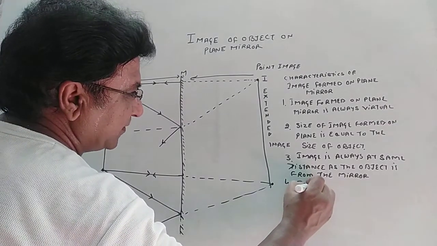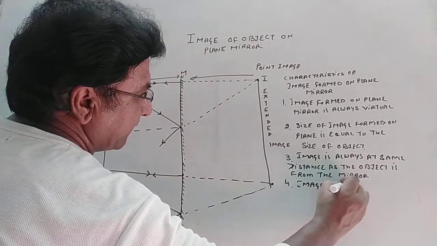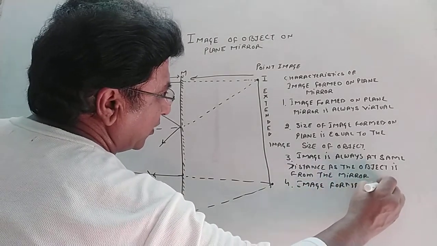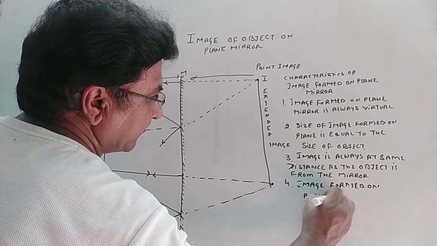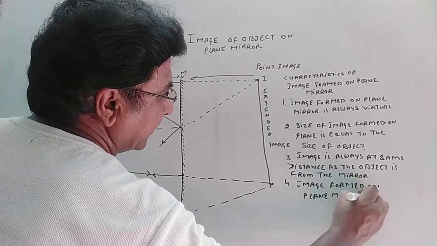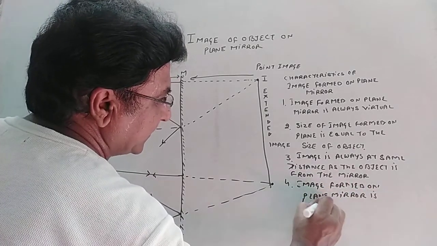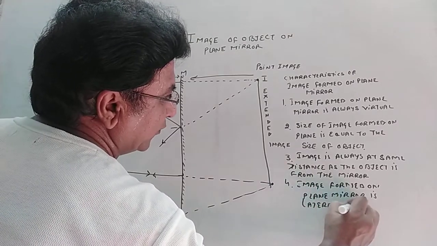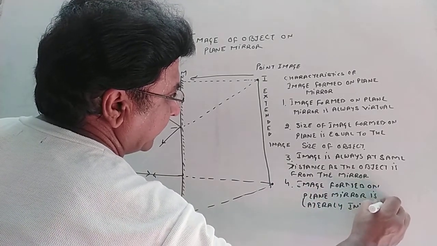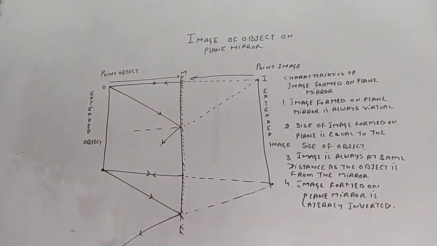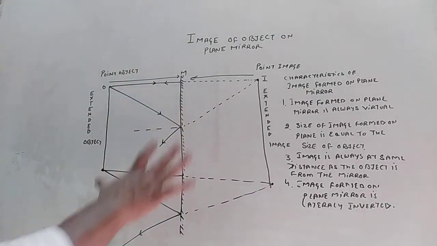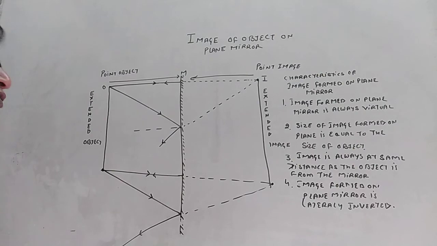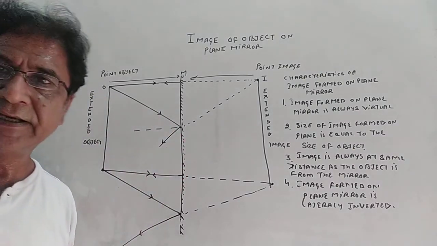So the image formed on a plane mirror is laterally inverted. Okay, these are the four properties, and this concept is called lateral inversion. We'll discuss that also, but first understand these two concepts connected to the plane mirror. Then we'll come to the next one. I hope you understood. Thank you so very much.